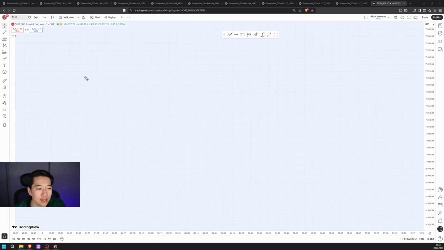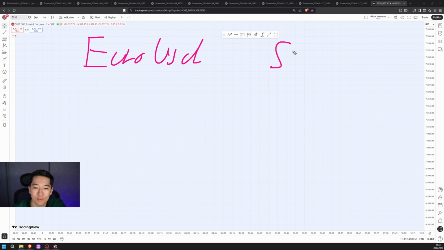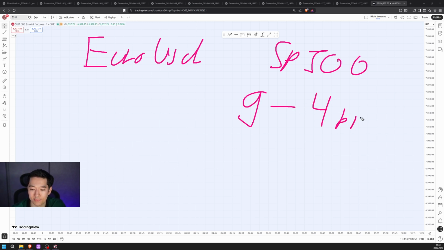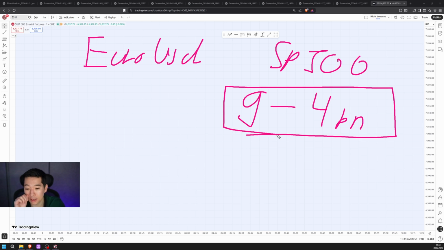If you trade Euro US dollar, for example, or better, if you trade the S&P 500 futures, the S&P 500 futures within Central Time, 9 a.m. to 4 p.m., is very attractive. From 9 a.m. Central Time to 4 p.m., anywhere there, 1 or 2 hours.